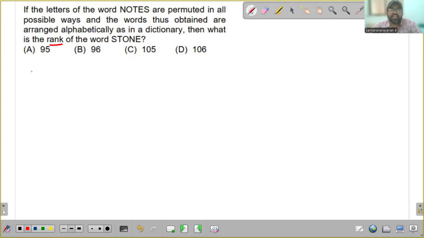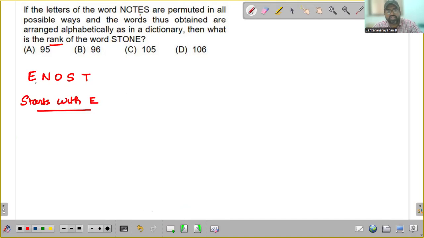So let me first arrange all these letters in alphabetical order. It starts with E, N, O, S, T.